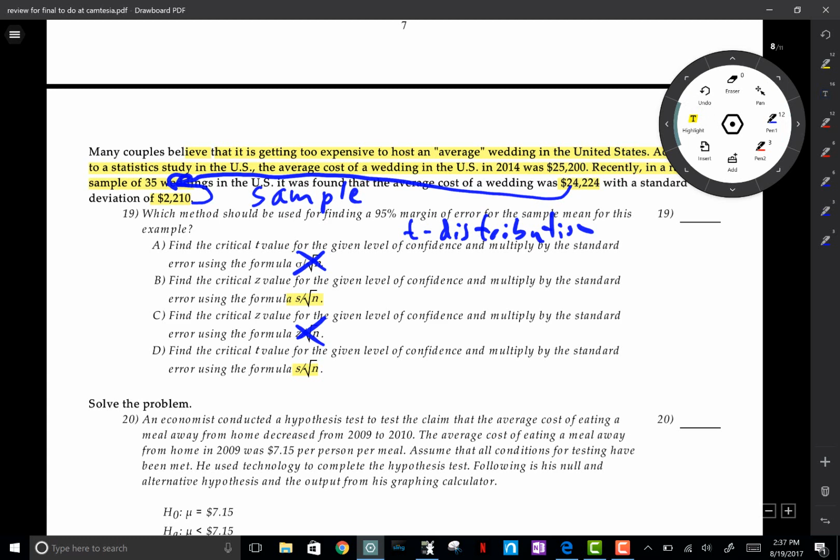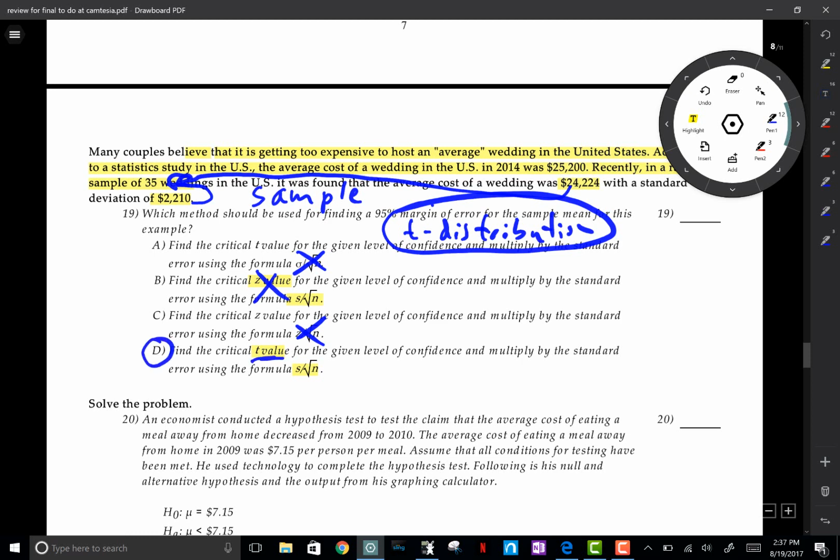B is saying use a z value, and D is saying use a t value. Since we use a t-distribution when the standard deviation of the population is unknown, we know we're not going to use a z value. We have to use a t value, so that's why D is correct.